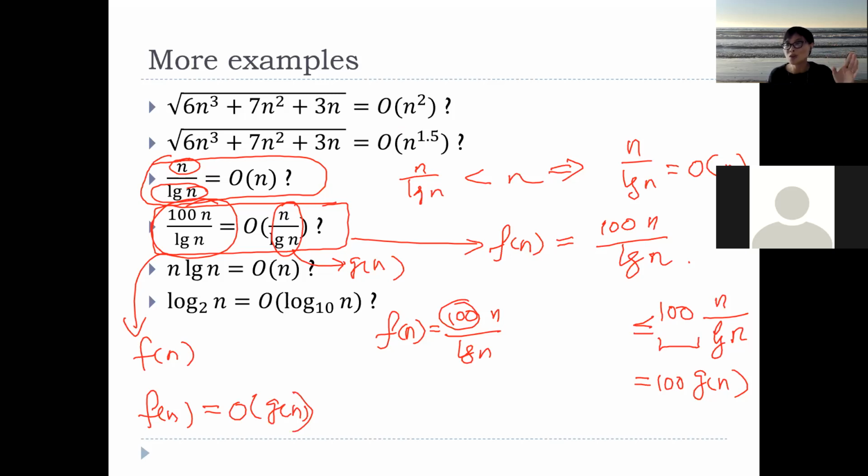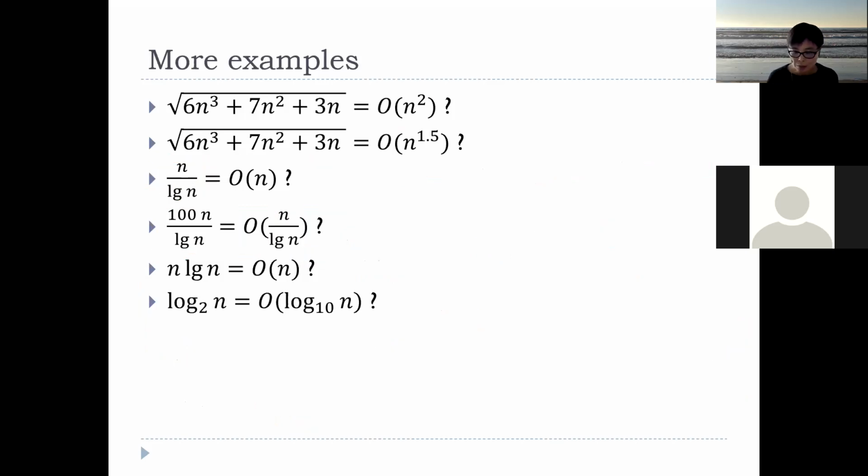Here it is smaller than or equal to up to a constant. So f of n may not always be smaller than g of n. However, if you can find a constant so that f of n is always smaller than the constant times g of n, then you are fine. That's the difference from the analogy I used saying that big O means smaller than or equal to. Here it is smaller than or equal to up to a constant factor. Does it make sense? Yeah, thank you. So basically, so far all of them are correct. How about the next one?